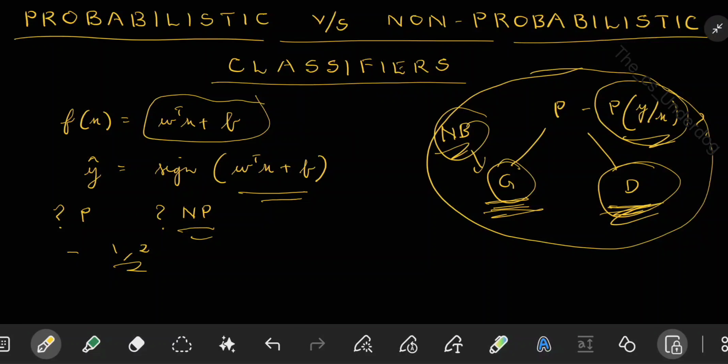But if you need confidence or uncertainty estimates, that is, if you want the probabilities of each class, then you should go for a probabilistic classifier. So this is the difference between probabilistic and non-probabilistic classifiers.